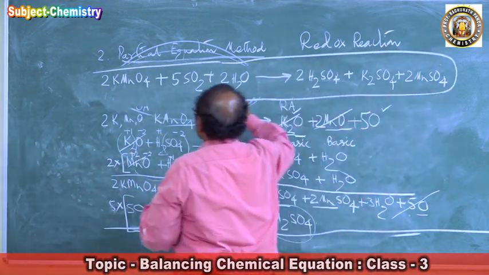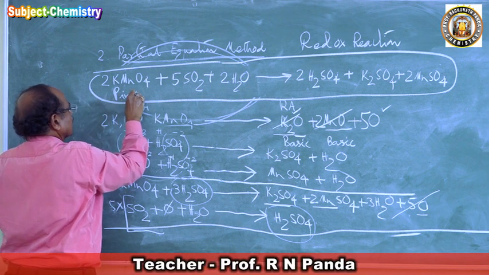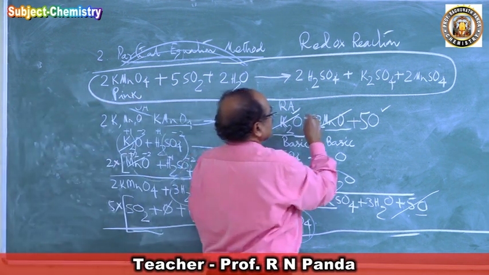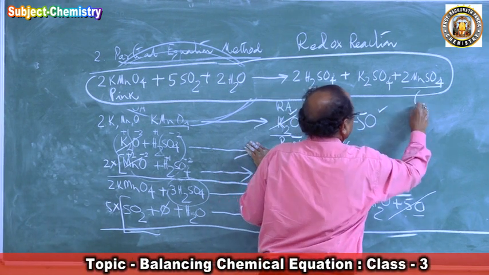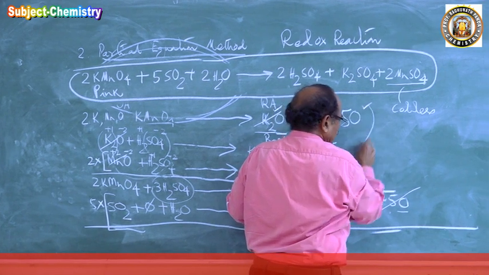Then what is happening here? What is the color of potassium permanganate? It is pink. And this MnSO4 is colorless. So what is the conclusion you will make?